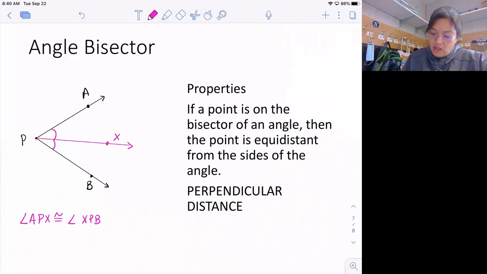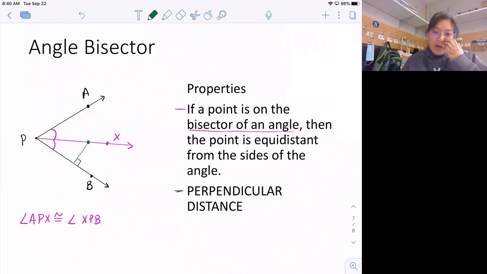Okay? Now, if a point is on the bisector of an angle, so that's going to be on my pink line, then the point is equidistant from the sides of the angle. Well, the cool thing is if I choose a point here, if I figure out how far it is to the sides of the angle, we always measure distance as perpendicular distance.